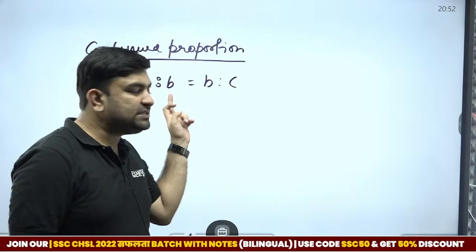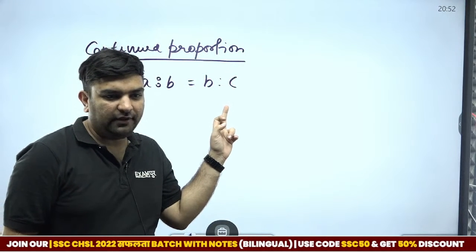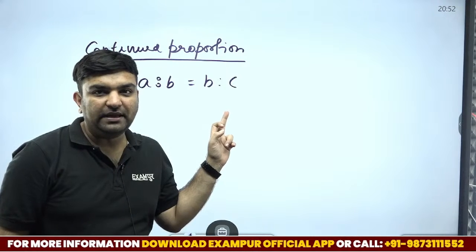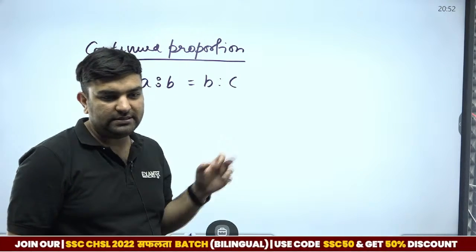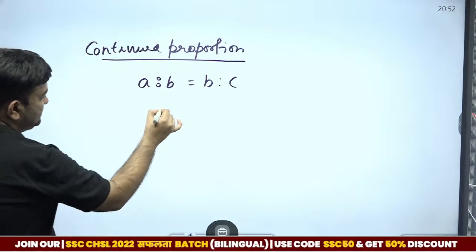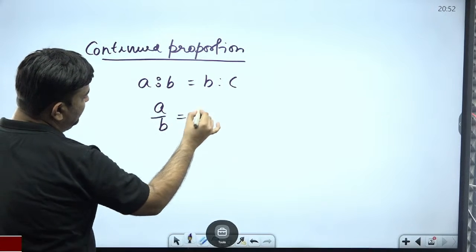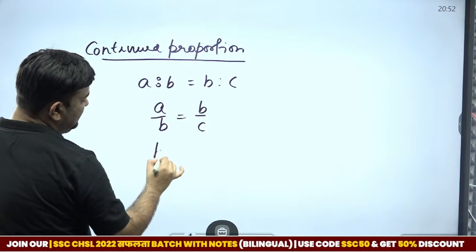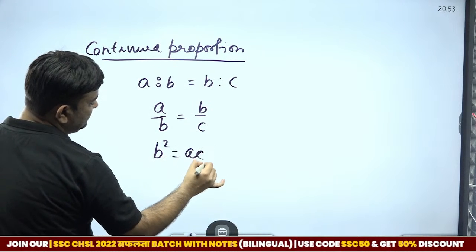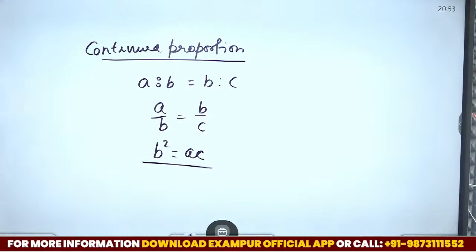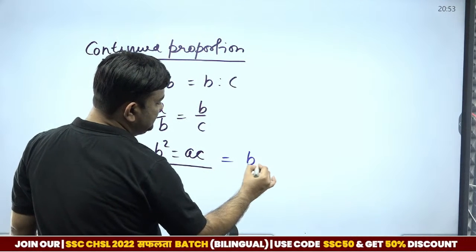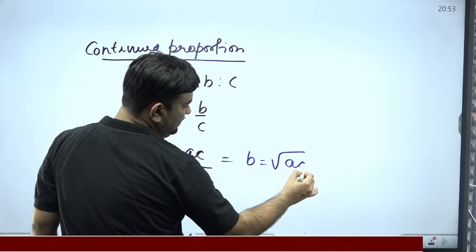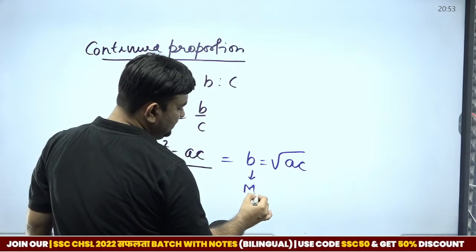The first is ending at B and the second is starting from B. So A by B is equal to B by C. So B square is equal to AC, or B is equal to under root AC.